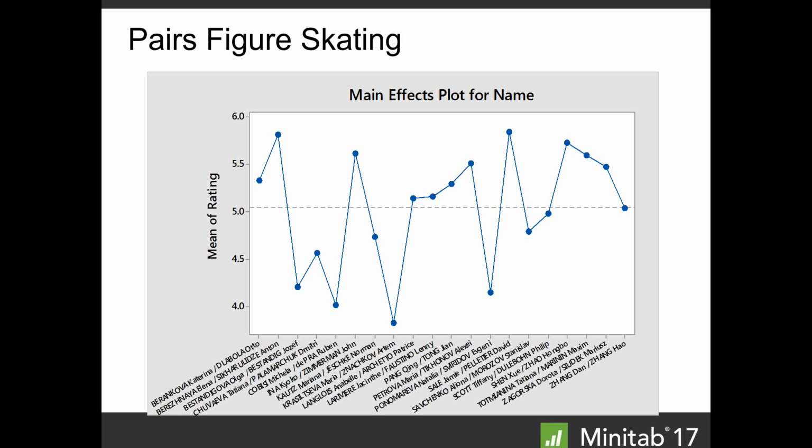So as we look on here, we see how the different skaters do, and you'll see this first high point on the far left, that is the Russian team. I won't attempt to pronounce the name, so it's the one that starts B-E-R-E-Z. And then over here, the next highest point on the graph, that's the Canadians. And actually, believe it or not, that point is higher than the Russians. That's the Canadian team. Jamie Saleh is the first name listed there.